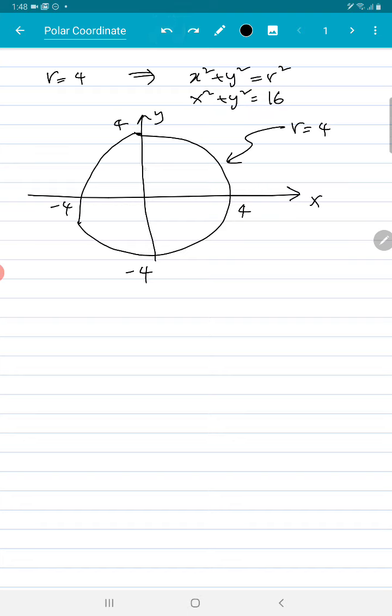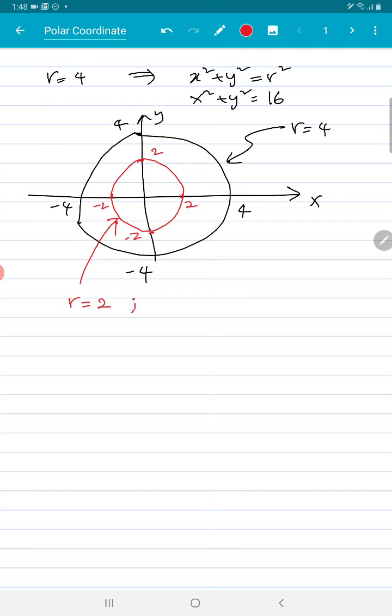Let's say, I better change the color. Okay, let's say here we have a 2, a 2, 2, 2. Then we have another circle centering at 0, 0. So let's say that's a 2, negative 2, negative 2. So the equation of that circle is r equals 2.